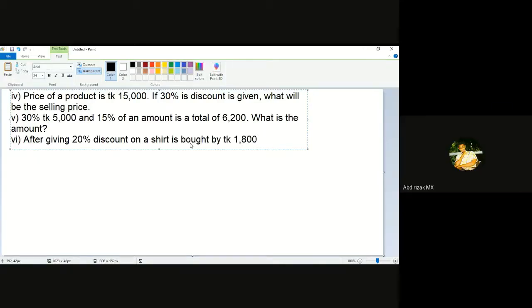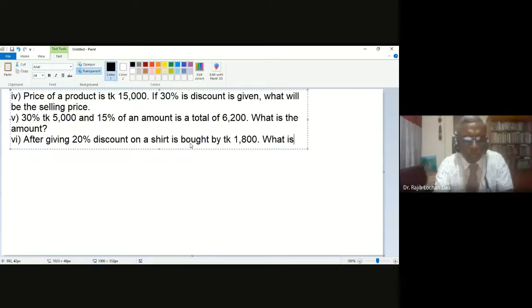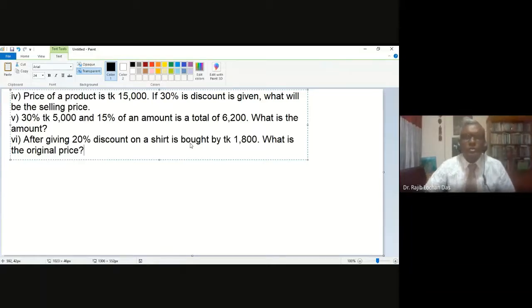What is the original price? So this is the question.